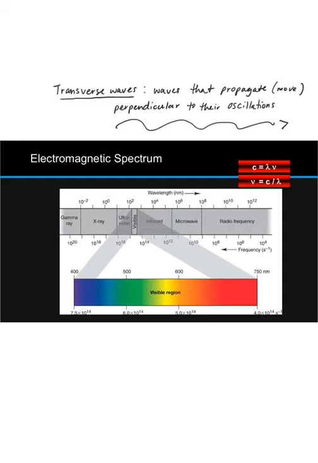At very small wavelengths or very high frequencies, at one extreme of this spectrum, we have gamma rays. At the opposite end, very large wavelengths or very small frequencies, we have radio waves.